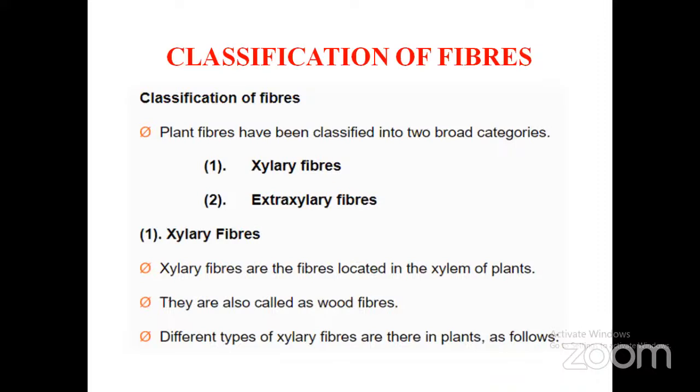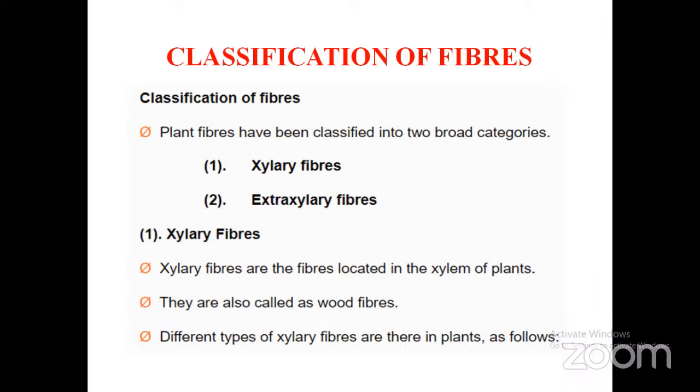Actually, the xylary fibers, one is fiber tracheids, second one is libriform. Remember these two words, fiber tracheids and libriform. I will clearly explain later, but let me give a brief introduction. First, fiber tracheids.